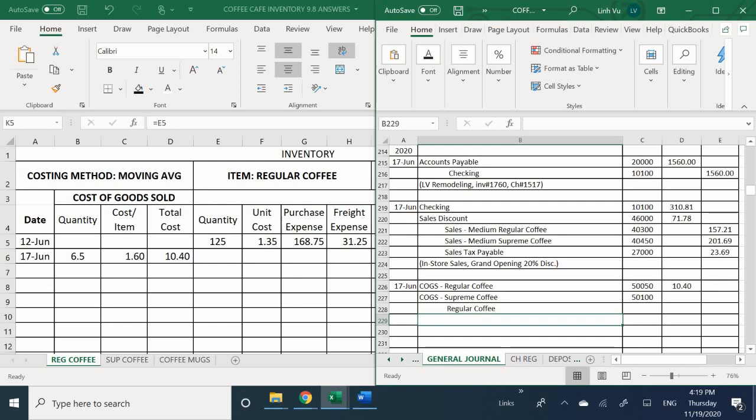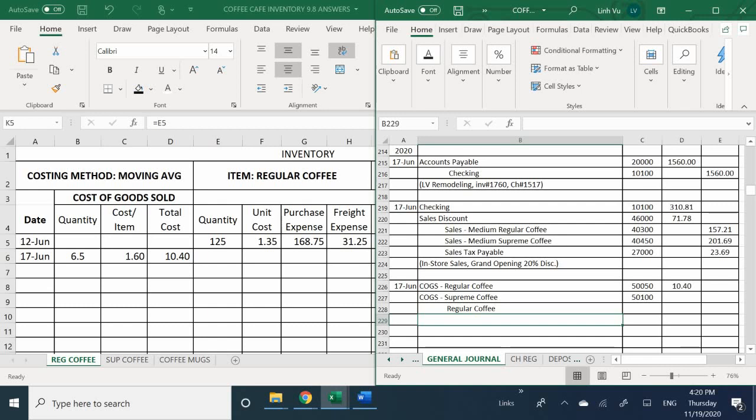We learned this in chapters 7 and 8, right? This is exactly what we're doing now. We're applying it to a real life scenario. Now I sold coffee. I have perpetual inventory, so what do I need to do? I need to do the cost of goods sold. So here I'm applying this concept right now. I need to take it out from somewhere.